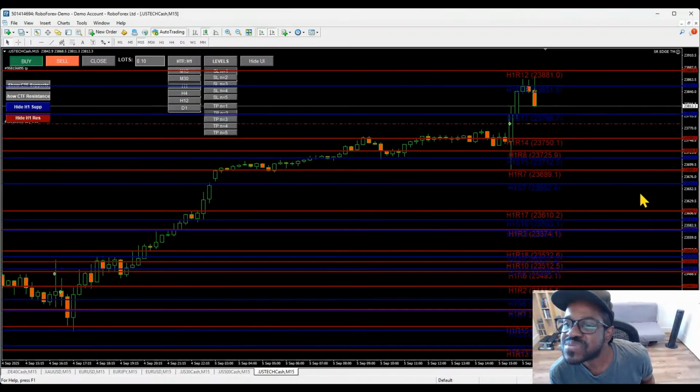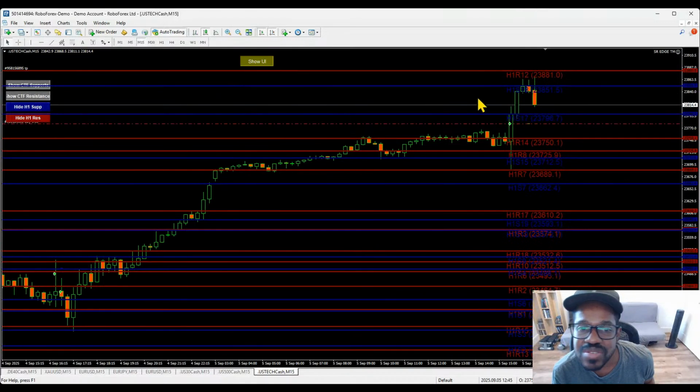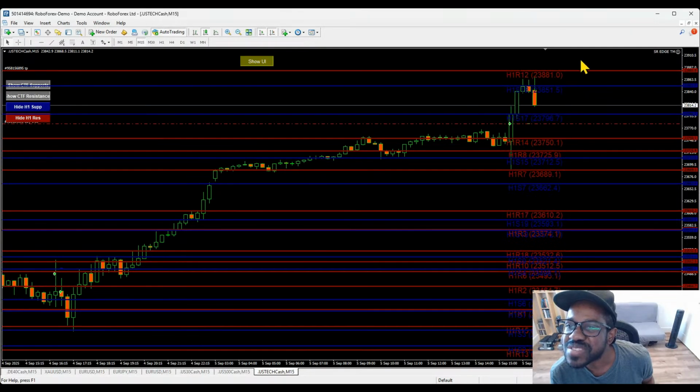And let me open the... So, like I said, if you're looking at this US Nasdaq, it went towards that previous resistance on the H1, and now started to reverse.